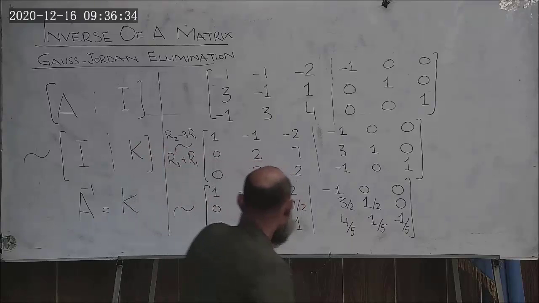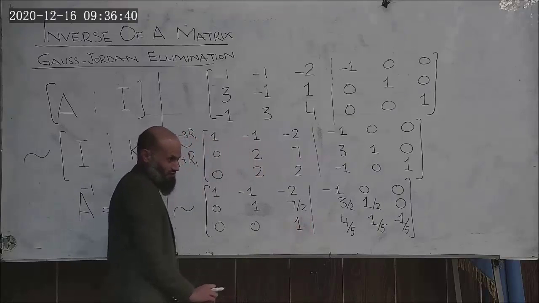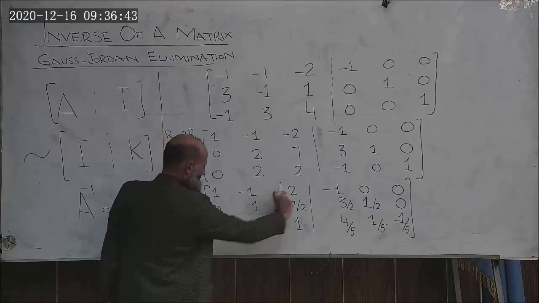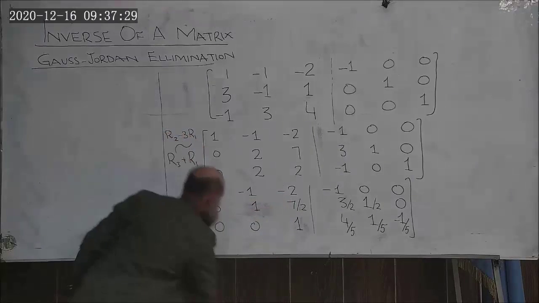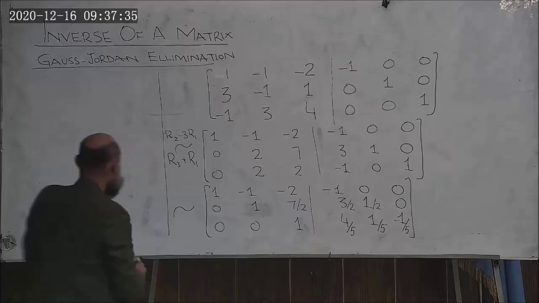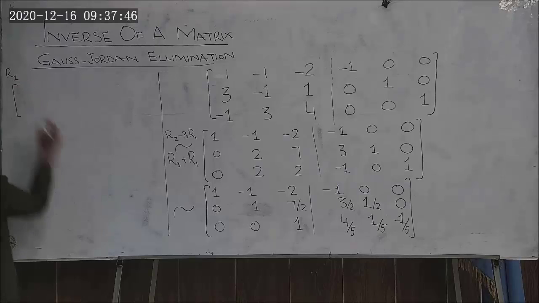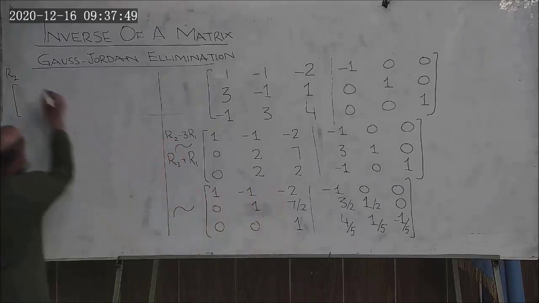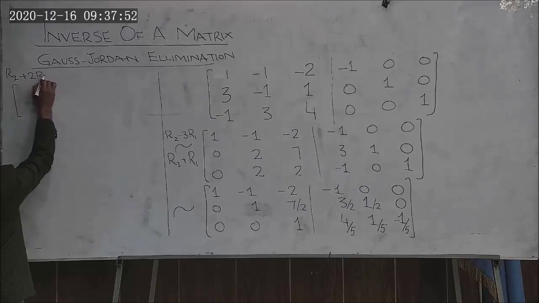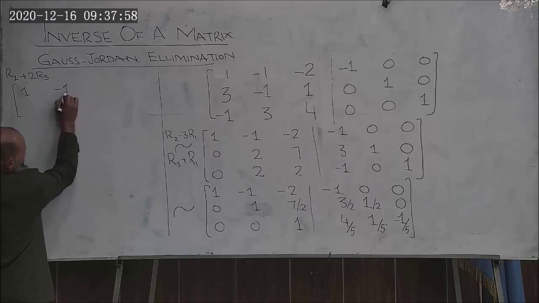Then multiply this third row by minus 7 by 2 and add it to the second row. And multiply this row by 2 and add it to the first row. So what we are going to do is R1 plus 2R3.